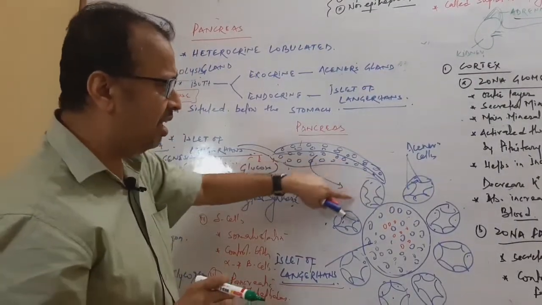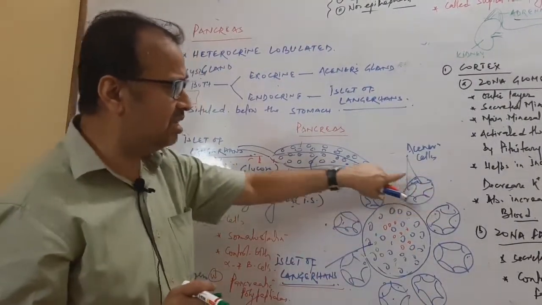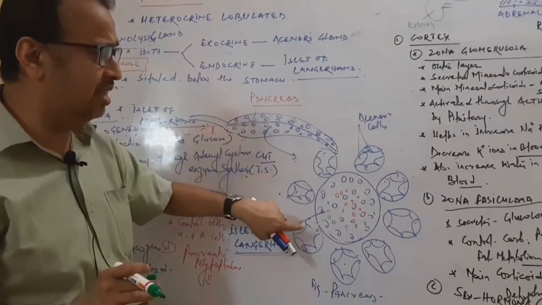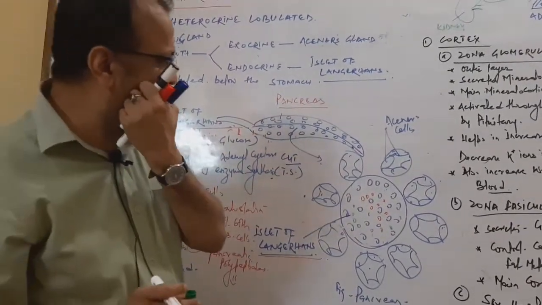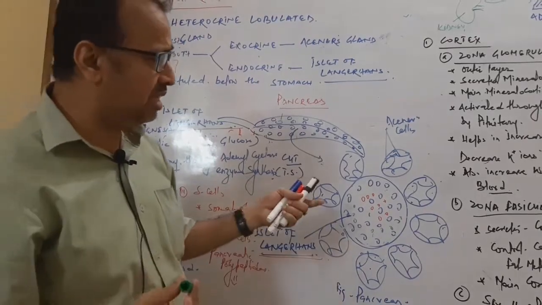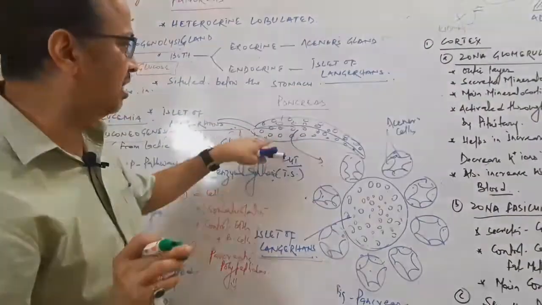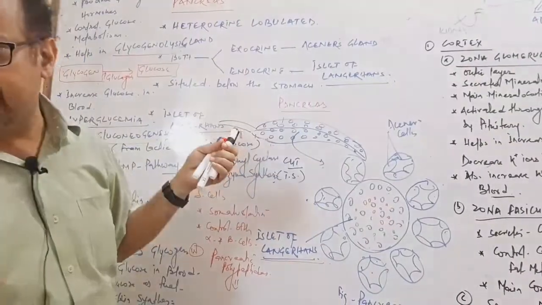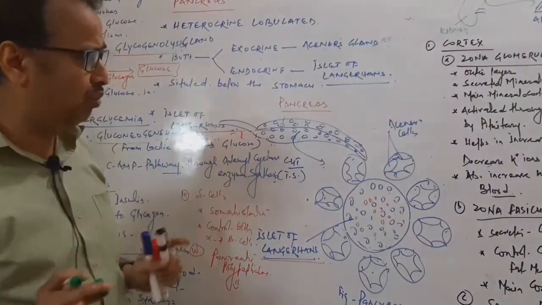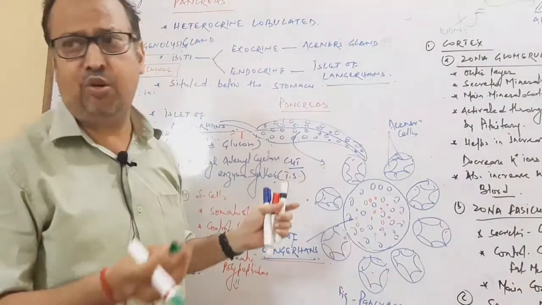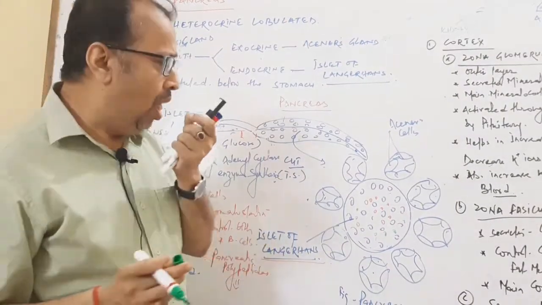Here is the acinar cell. Acinar cells are exocrine cells which secrete digestive juices and possess their own ducts. There are lobular ducts, pancreatic ducts, and in this way juices are transported and open into the duodenum.